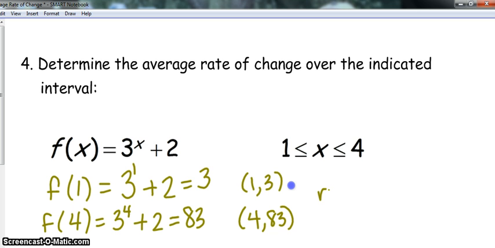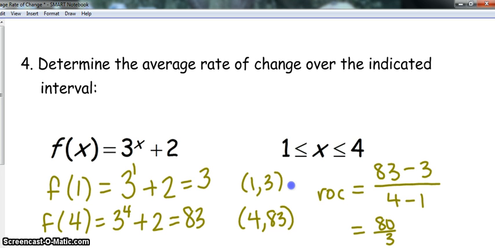So my average rate of change, plugging into that formula that hopefully you're now very comfortable with, 83 minus 3 over 4 minus 1. So I have 80 over 3. And I can leave it like that depending on what kind of problem you're working on, or you may want to simplify it using your calculator, but this can serve as a final answer.